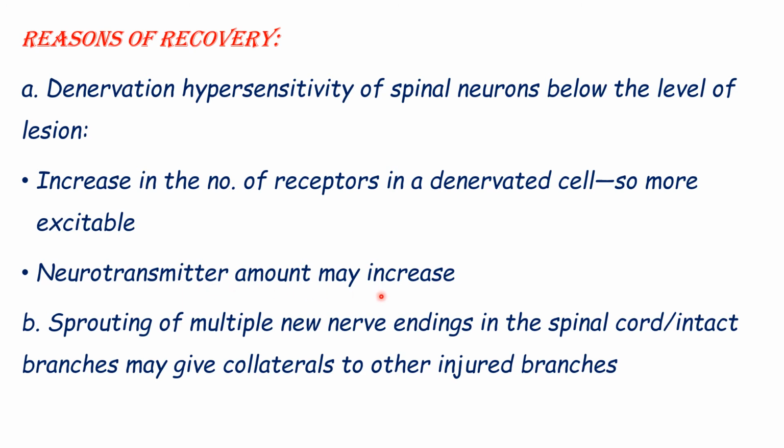Another very important reason is that there may be sprouting of multiple new nerve endings in the spinal cord. Sprouting, that is branching: intact neurons may give collaterals to the other injured branches. So the sprouting, as well as the intact branches giving collaterals to the injured branches, can lead to the excitability.